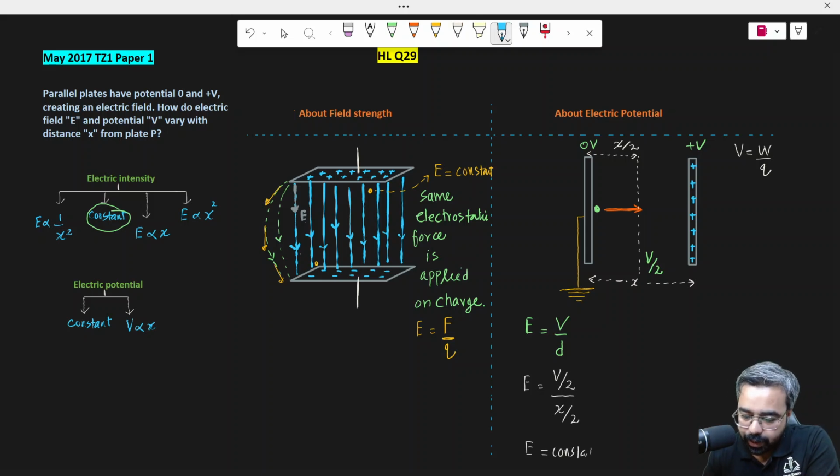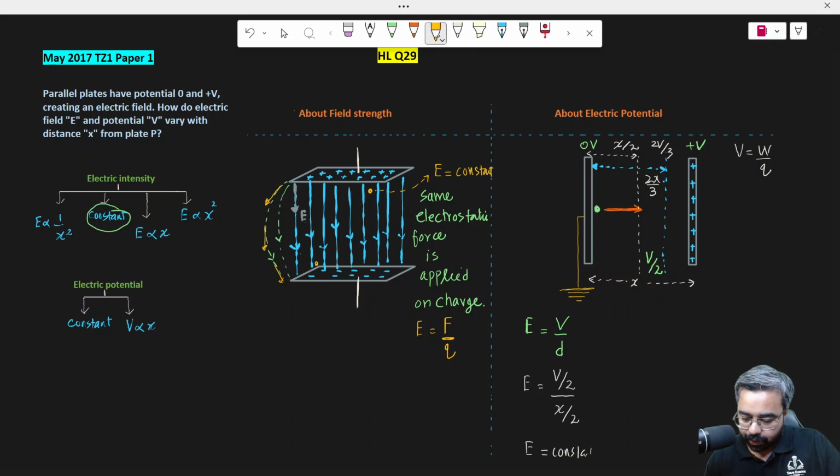You can take any point. If I draw another equipotential surface at a distance of 2x over 3 from the start, the potential will be equal to 2V over 3. Once again, if you take the ratio, it remains the same.